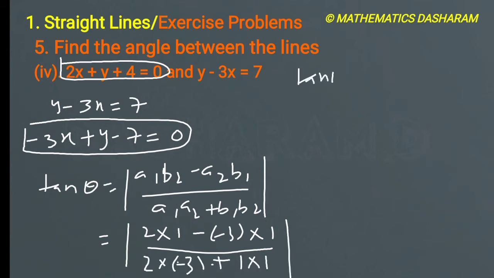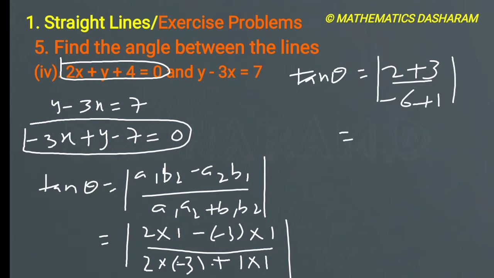So tan theta equals (2 into 1 + 3) divided by (-6 + 1), which is 5 divided by -5. So mod of -1 is 1.